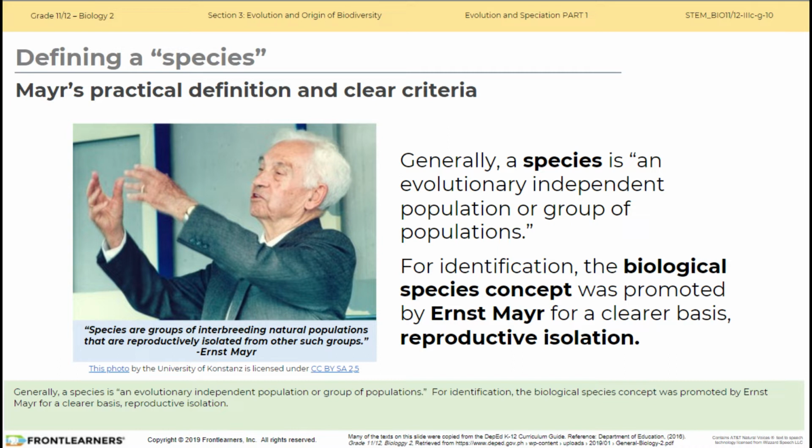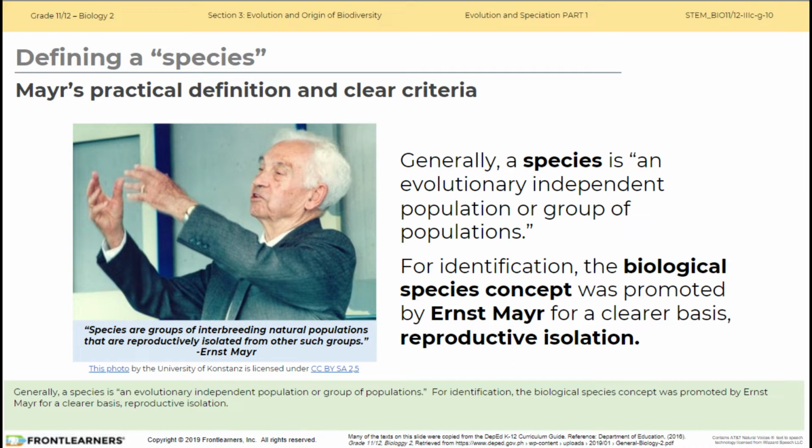He was also a renowned taxonomist, tropical explorer, ornithologist, a biologist who focused mainly on studying birds, philosopher of biology, and historian of science. According to him, species are groups of interbreeding natural populations that are reproductively isolated from other such groups.